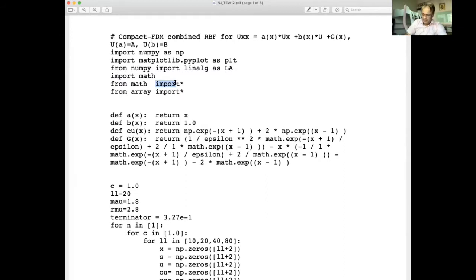Now, our differential equation involves the functions a, b, and g.